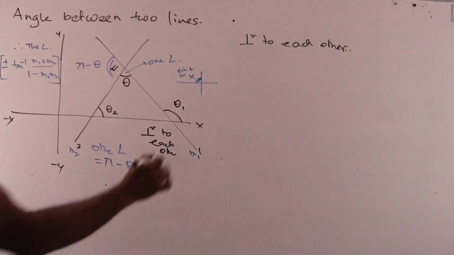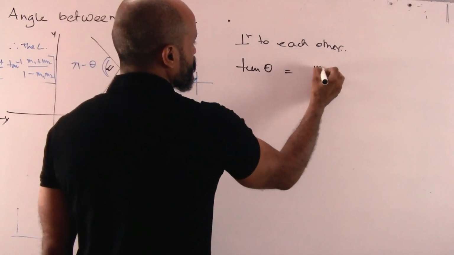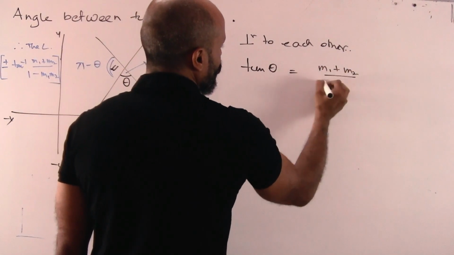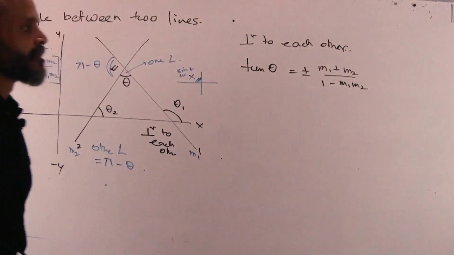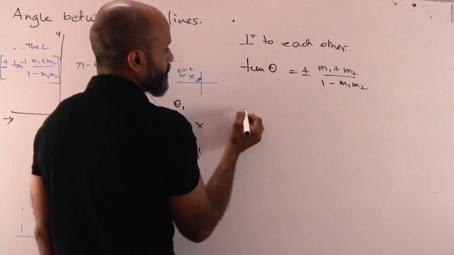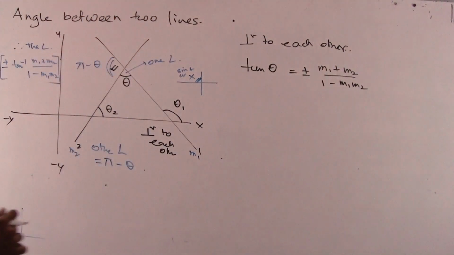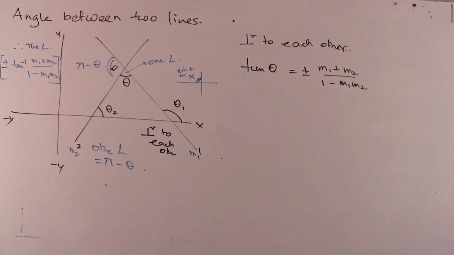We will have tan theta is equal to (m1 plus m2) upon (1 minus m1 m2), that is plus minus. So, if the two lines are perpendicular to each other, then tan theta, tan 90, we know it is infinity. Okay. Tan 90, one second here.